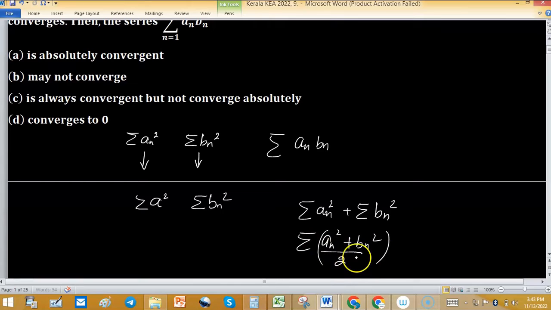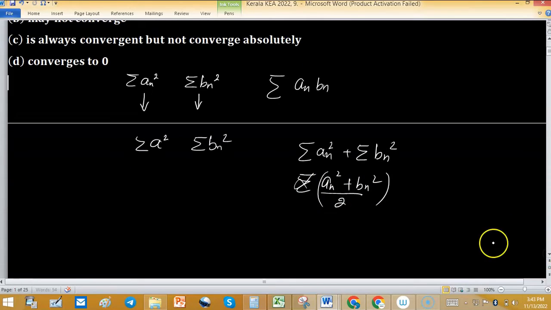If I multiply by 1 upon 2, then it will also converge. Summation an square plus bn square converges.